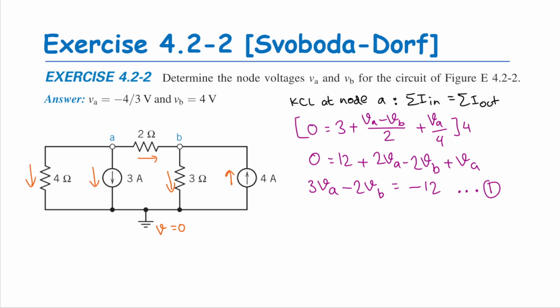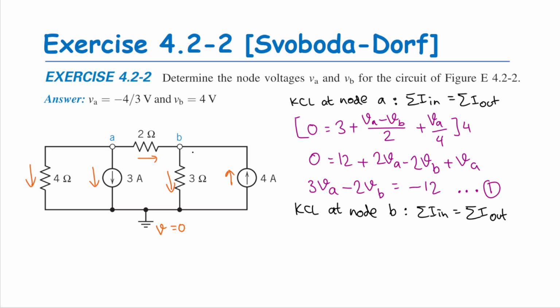Okay, and now we can do another KCL, but this time at node B. So let's do KCL at node B. KCL said that the sum of the currents that go in will equal the sum of the currents that go out.